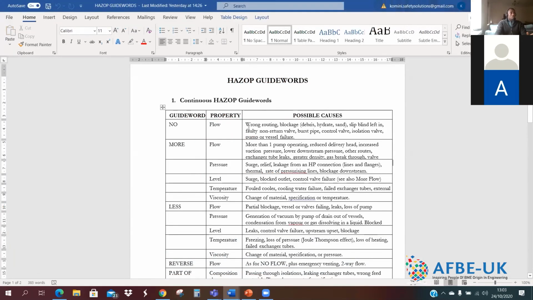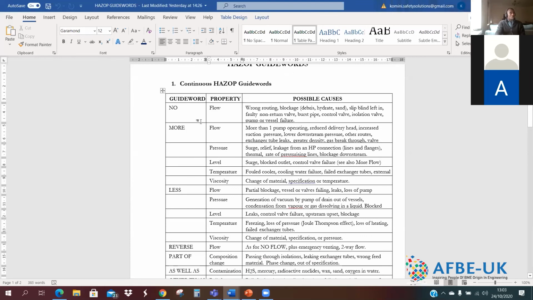Okay, HAZOP guide words. These are the continuous HAZOP guide words. These are the standard guide word and property. So the guide words are no flow, more flow, less flow. We've got the same for pressure, more pressure, high, pressure low, typically. Temperature, viscosity, just the same things that we saw in that HAZOP matrix.